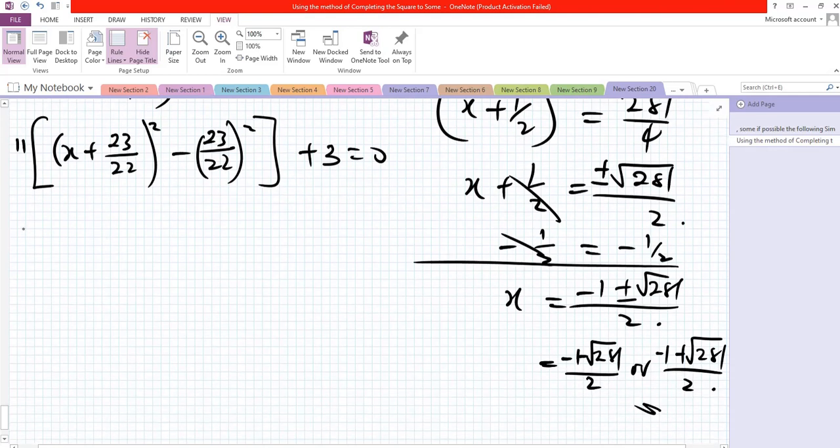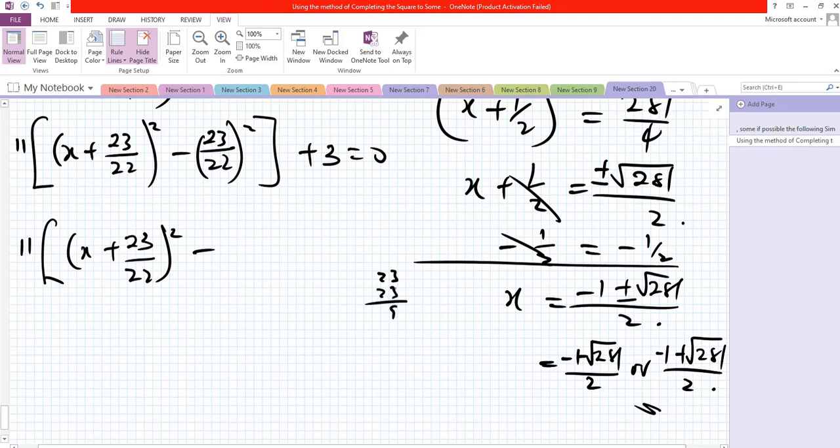Now you have 11 bracket open x plus 23 all over 22 all squared minus the square of 23.